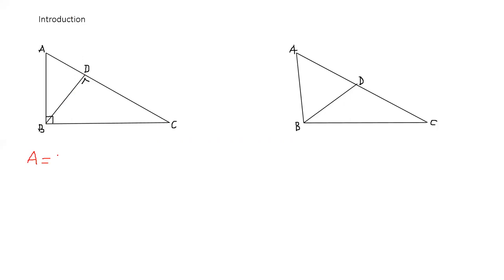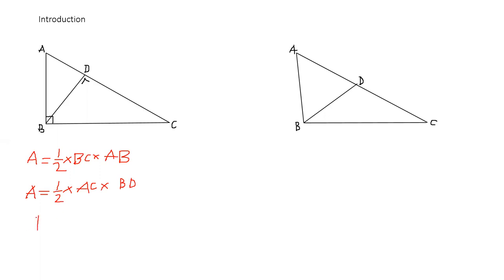You may find the area through this formula, half times BC times AB, or you may find it through this formula, a half times AC times BD.